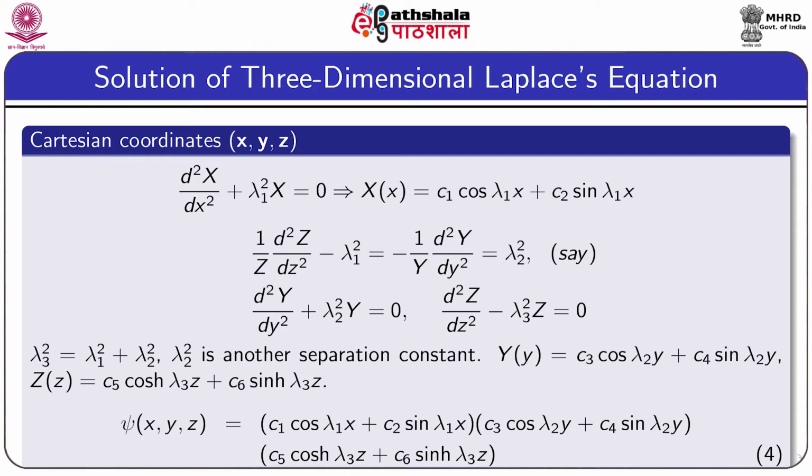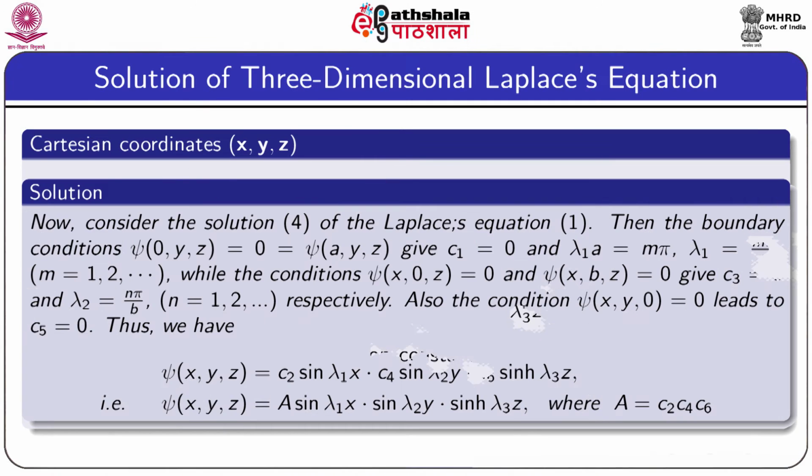Now, sin lambda 1 a equals 0 implies lambda 1 a must be equal to some m into pi, where m is a positive integer. From here we get that lambda 1 can take the values m pi by a, where m is a positive integer.